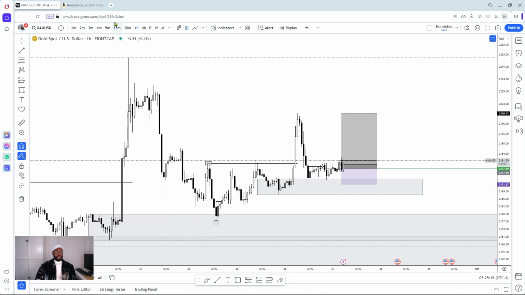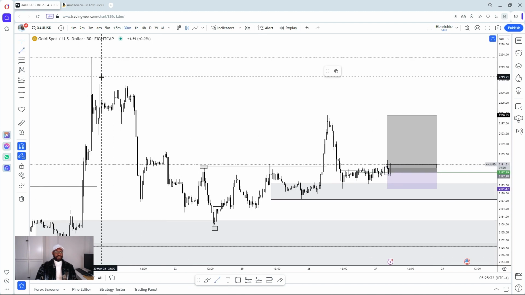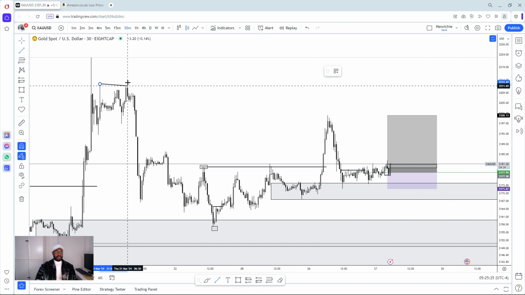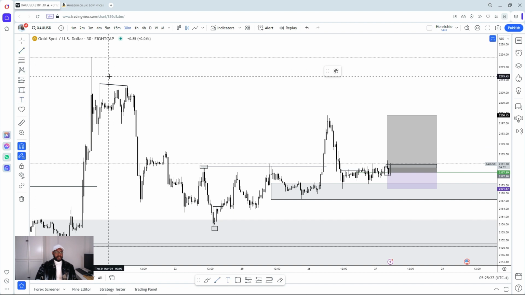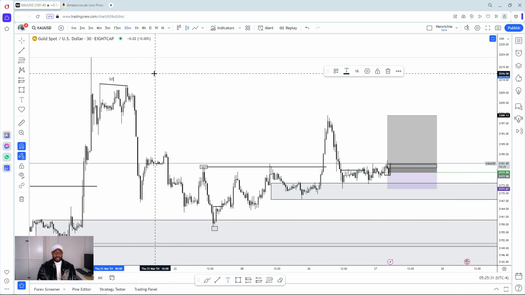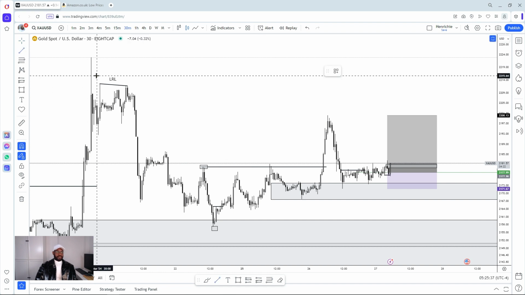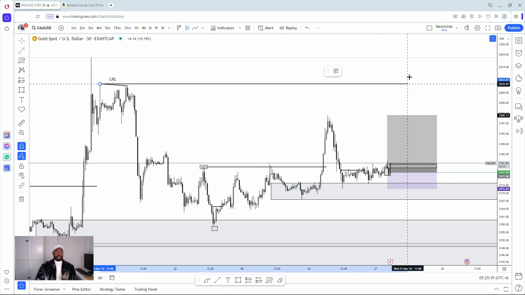Another key level to look at is if we go to the 1 hour time frame, you can see on the 30 minute time frame, this right here is my take profit position, low resistance liquidity. I'm anticipating price to rally above this key level and smash through that position.